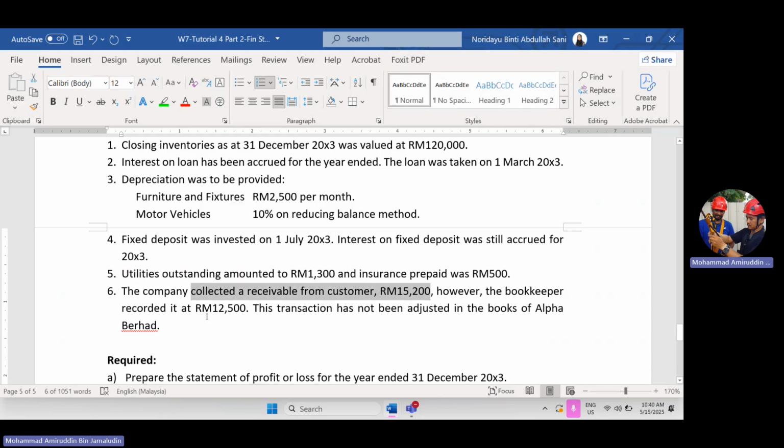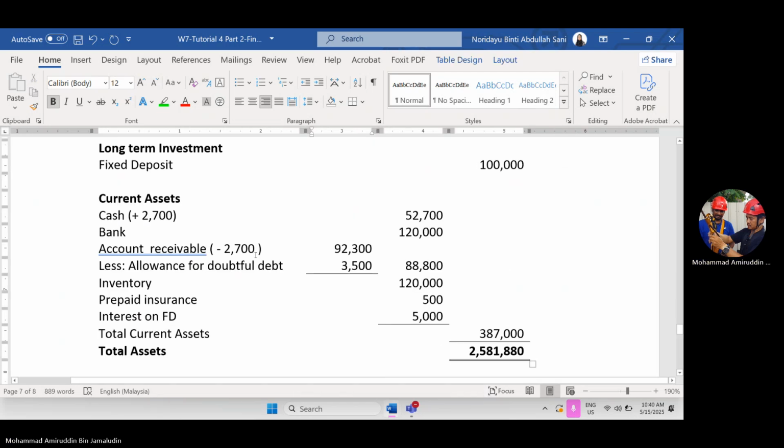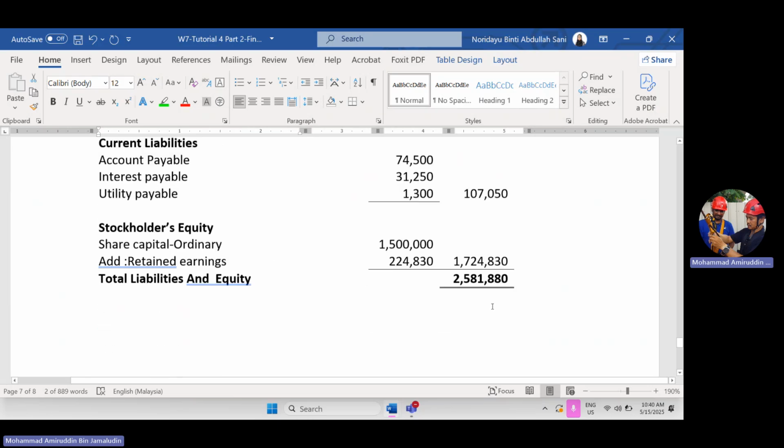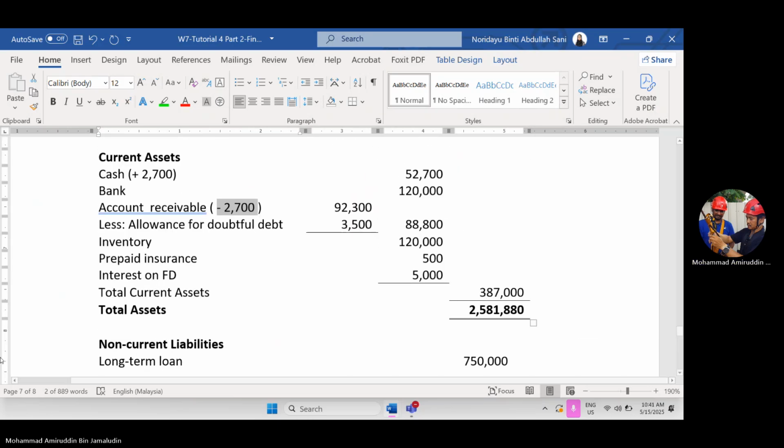We just record 12,500. Your customer already paid. That's why your receivable, you minus the difference. Okay? Customer already paid. So minus receivable. Okay, the rest I think should be the same thing, either question 1 or question 2.